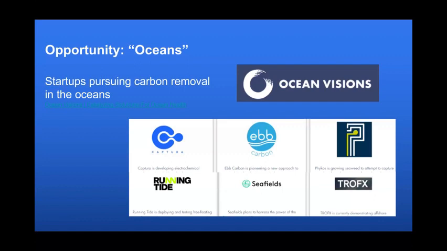But there are also things called marine permaculture, where you can farm seaweed for products as well as for just absorbing the carbon, and then that can sink to the bottom of the ocean, and then you never hear from it again.